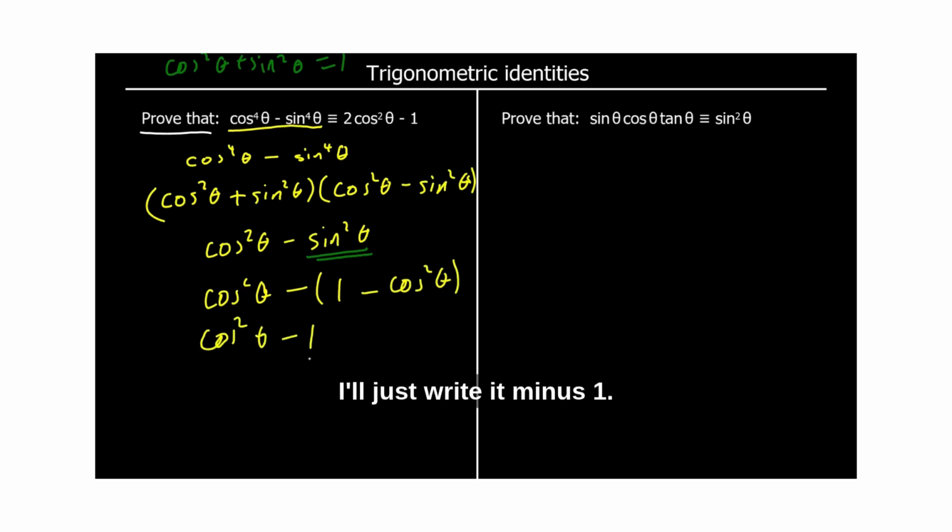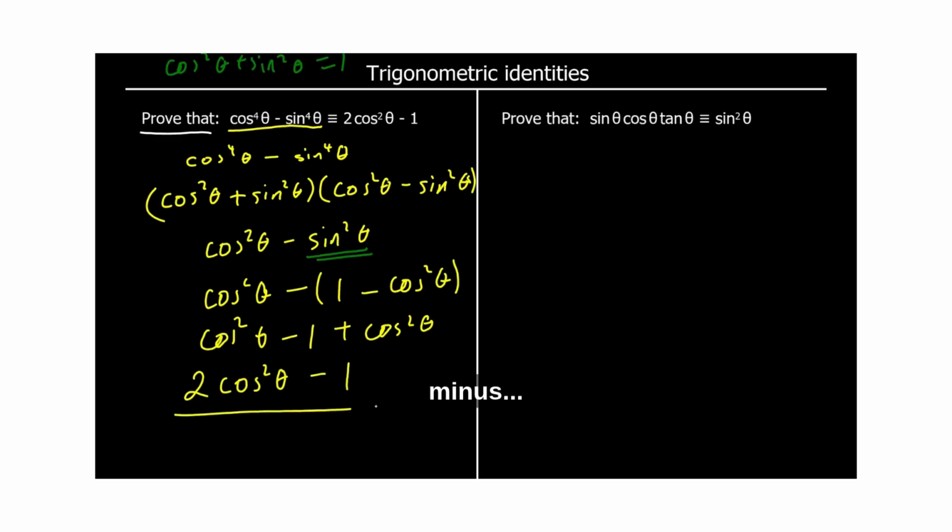Minus 1, I'll just write as minus 1, minus cos squared theta. When we minus a minus, we plus. So we've got cos squared theta plus cos squared theta, which is 2 cos squared theta, and we've got minus 1.